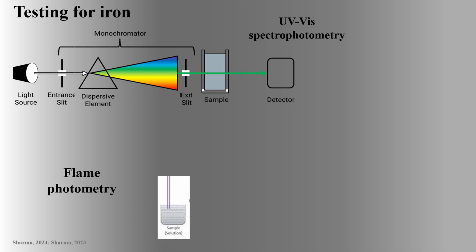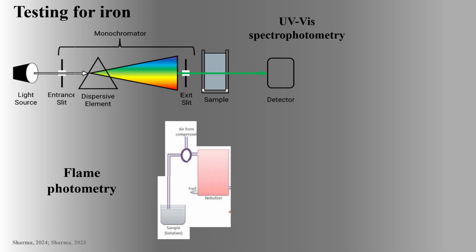The flame photometer has the sample in solution. So anything that needs to be done by flame photometry has to be in a solution form. It cannot be solid. It then goes through to an air compressor. The air that is being used is an inert gas, so it does not affect the amount of iron that is going to be used, and it is called a carrier gas. It then proceeds into a nebulizer.